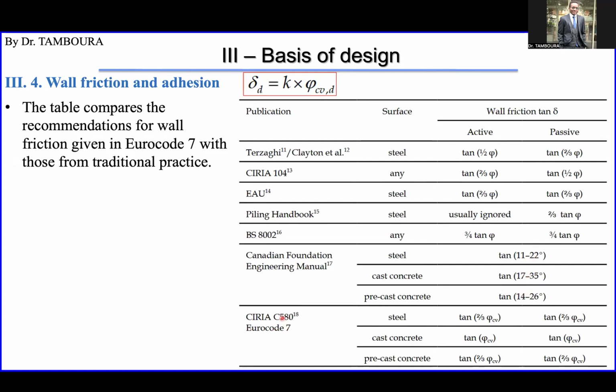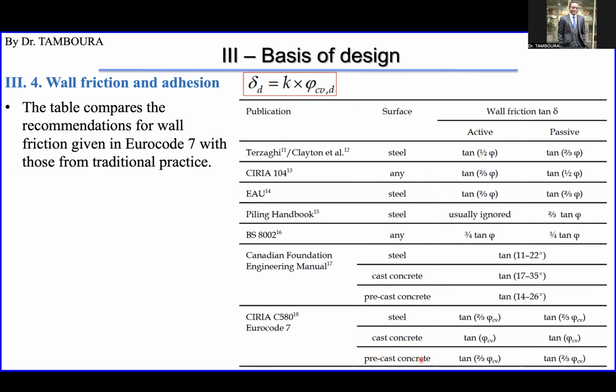And this is what Eurocode recommends. Do you remember for steel, it was this value for both sides. And for cast in place concrete, it was 1, the value of K was 1. That's why you don't have any coefficient here around the phi.